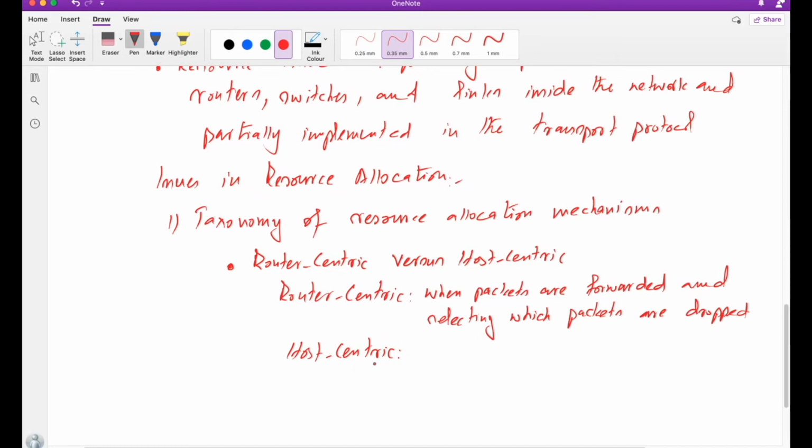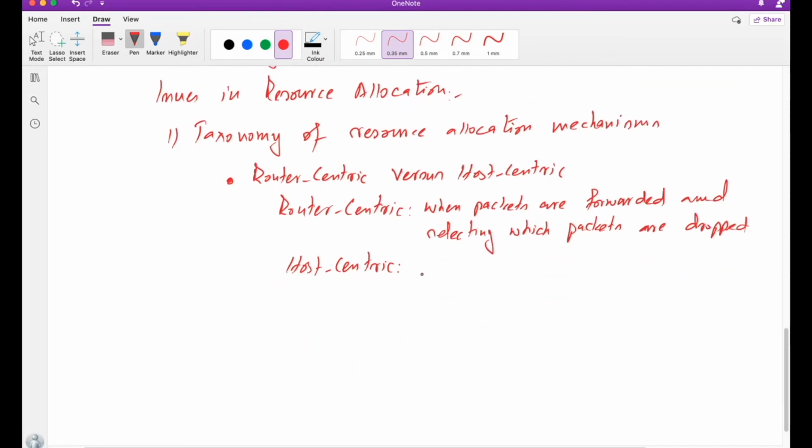And by the way, we have covered this in the typical congestion control mechanism of TCP, which was host-centric, where a host observes the network condition and obviously adjusts its sending rate accordingly.